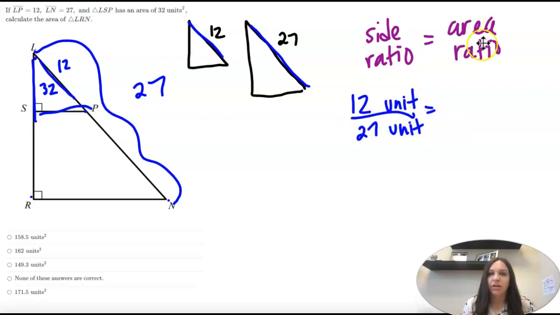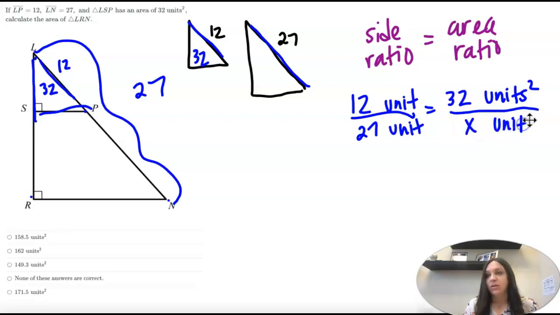But over here on our areas, our small area is 32, but this is square units because it's area, right? So our new area is also going to be square units. So right now our units are not equal, so we have to make them equal.